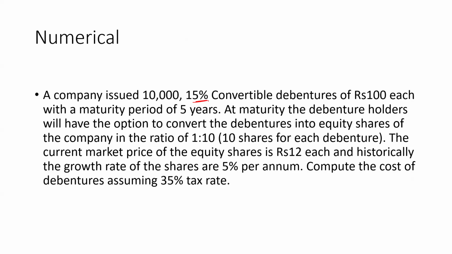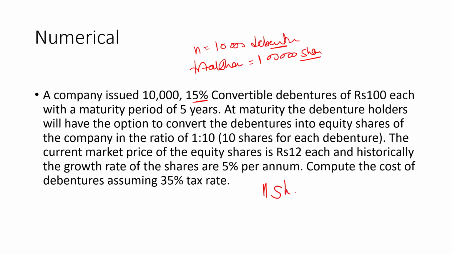So because the company is issuing 10,000 debentures, the total number of equity shares they can dilute in the market, imagine if 100% of the debentures get converted into equity, then you will get 1 lakh shares in the market. Okay, I will not think about others. I'll just assume I have one debenture of the company.